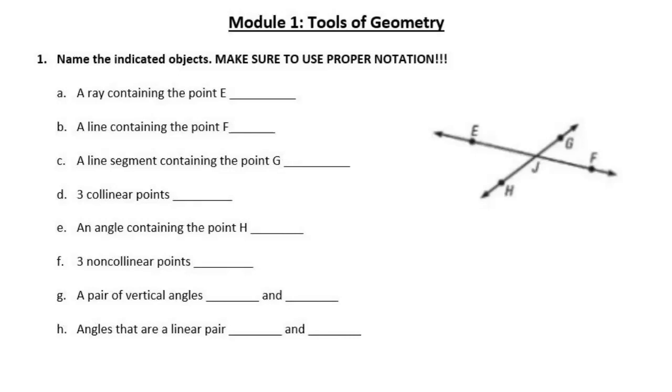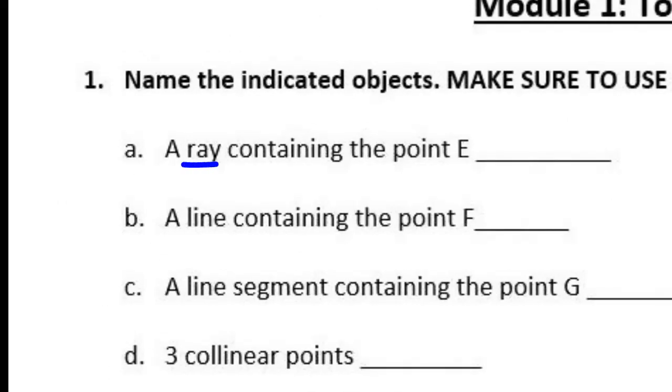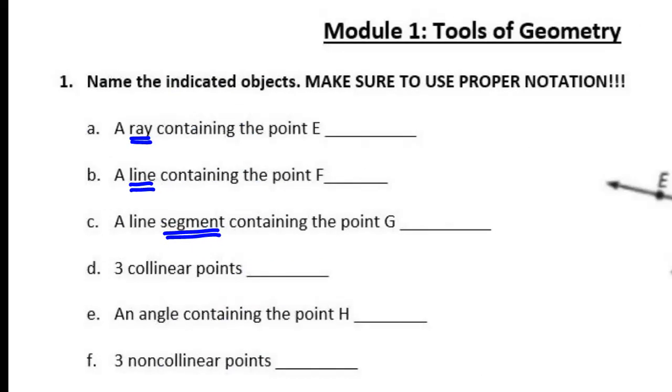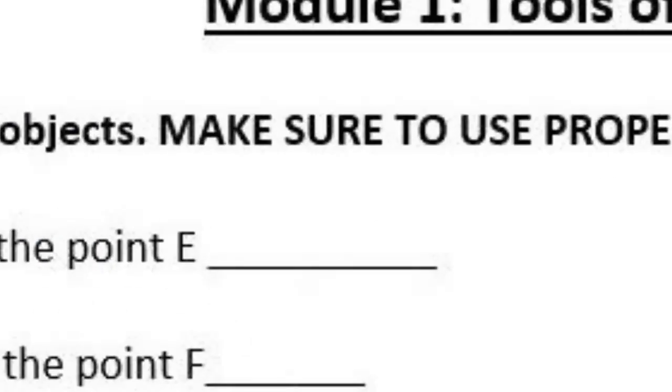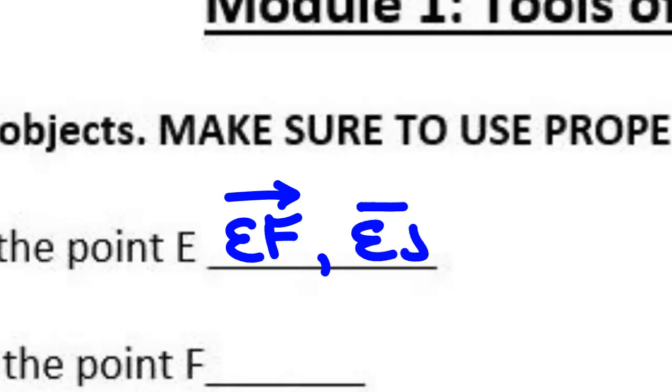All right, so for number 1, there are a whole bunch of right answers for any of these. One of the things that I'm going to be looking for on a question like this is the notation. Part A, I need a ray that contains point E. So I could do ray EF. I could do ray EJ.